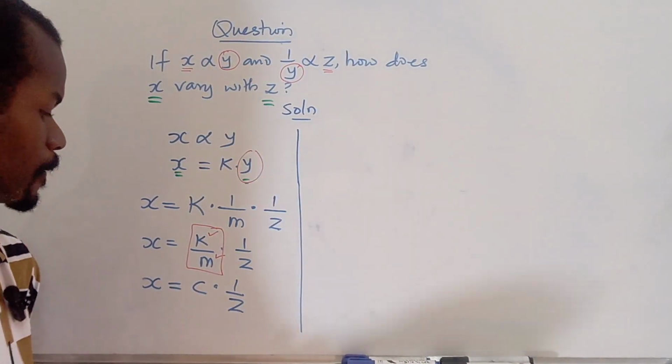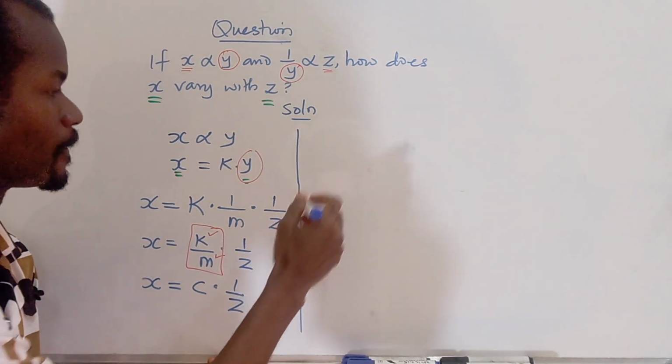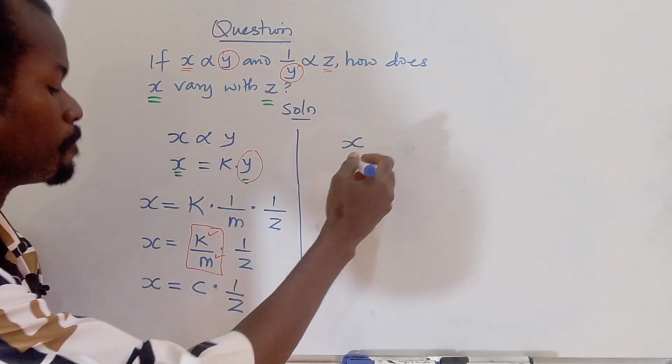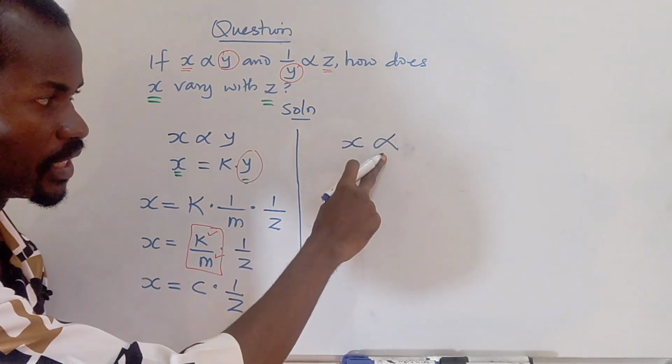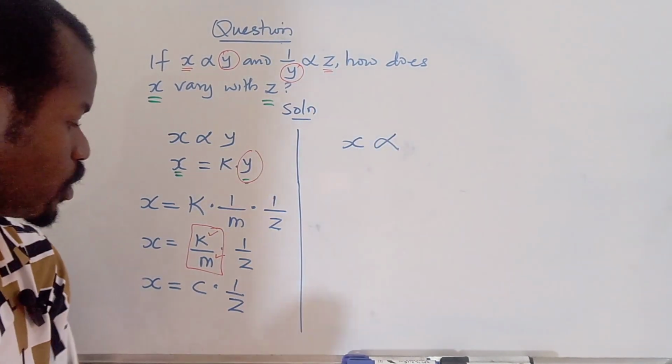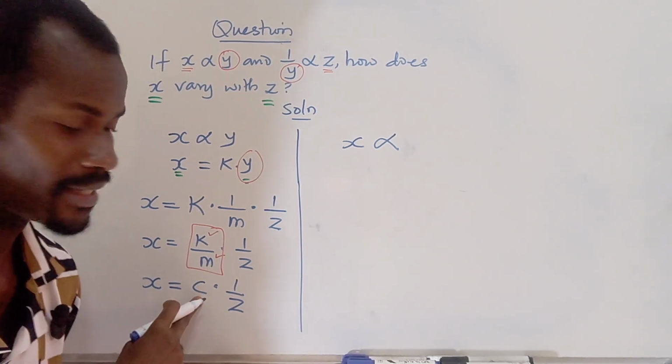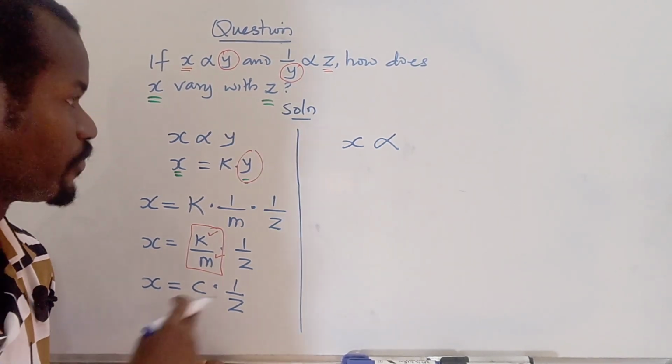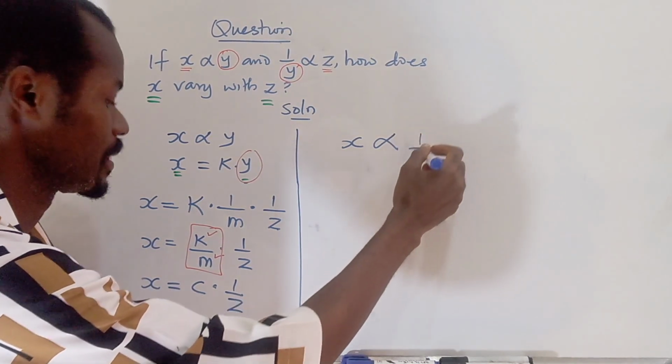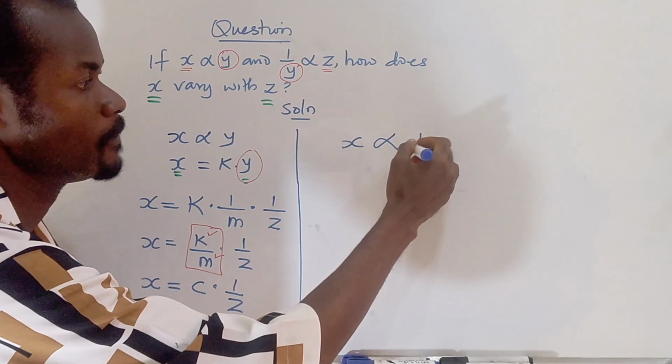So since x is equals to this, if I put the sign of variation, we can now remove the constant c. So x varies inversely as z.